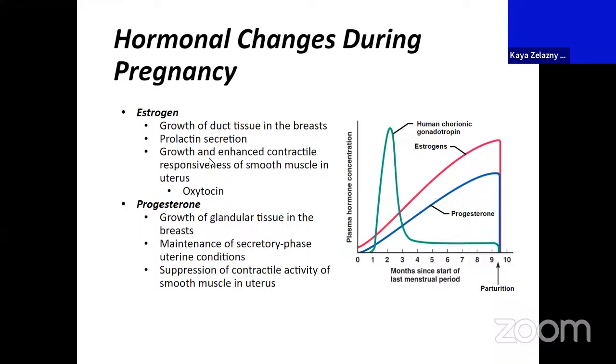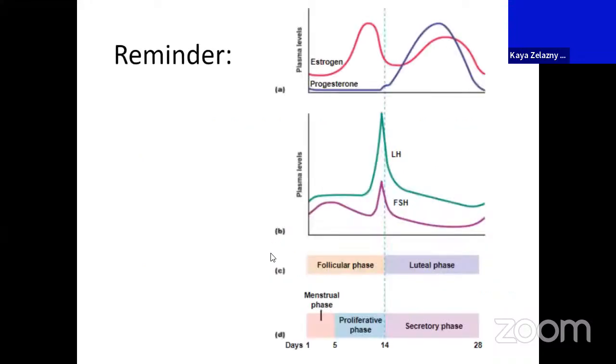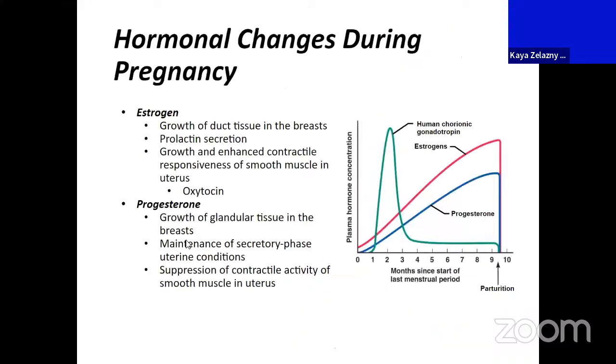We see the growth of the smooth muscle of the uterus. And we see this relationship with the production of the hormone oxytocin, which is actually really important in causing contractions during labor. So progesterone is keeping our proliferatory and secretory phase uterine conditions going, right? So this end part, right?